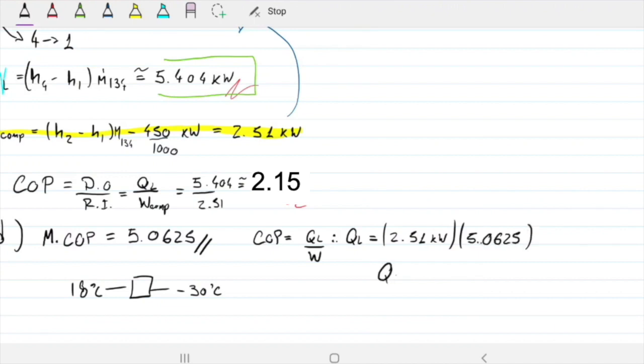So the maximum amount of energy I could remove from this environment, given the water coming in at 18 and that I want to keep it at -30, is 12.9 kilowatts. That will be the maximum capacity, at least if I want to keep giving it 2.51 kilowatts. That's the best of the best it can do. Hit me up if you have questions. Talk soon.